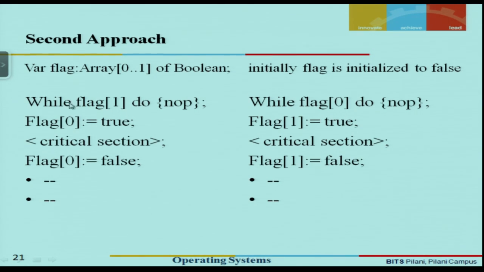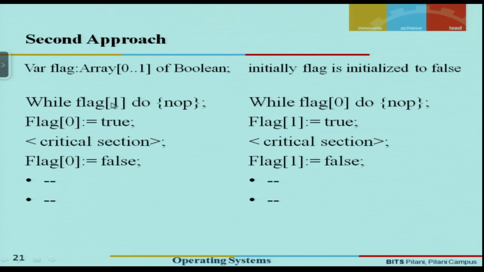So let us see how the modified approach would look. Process 0 comes and checks the flag of the other process, process 1.